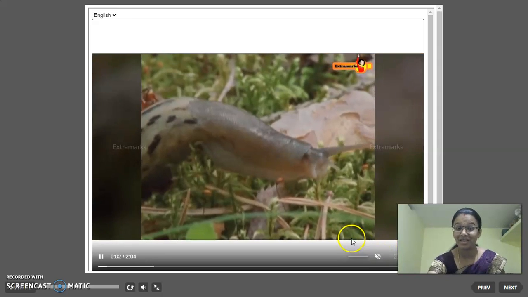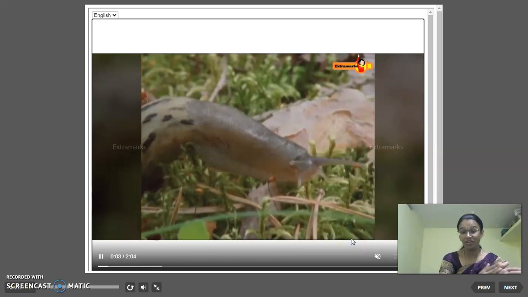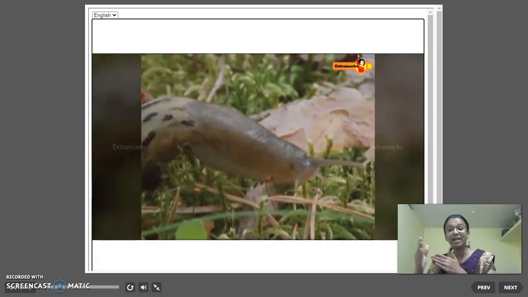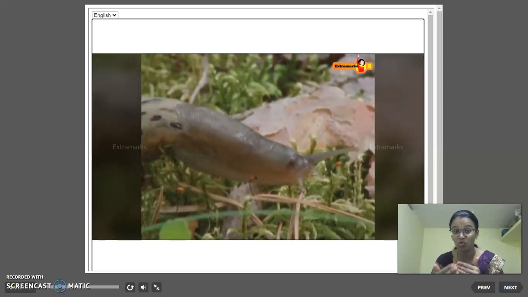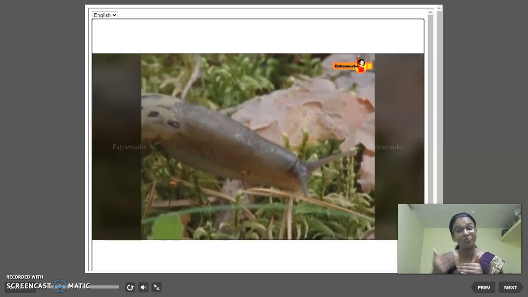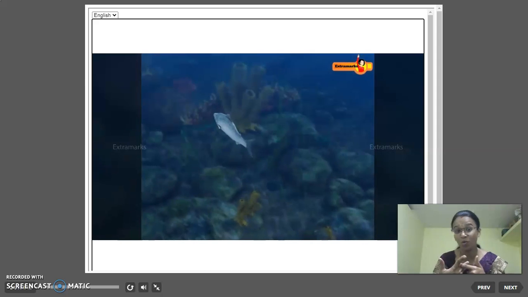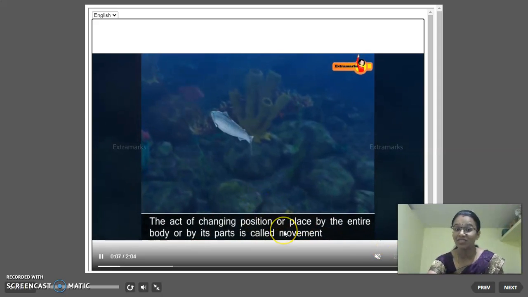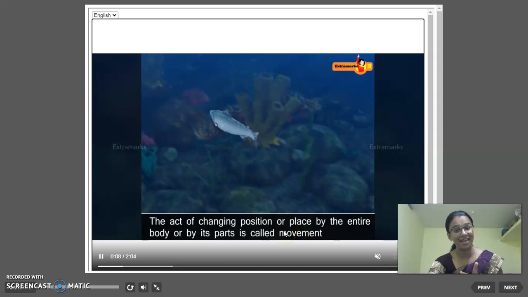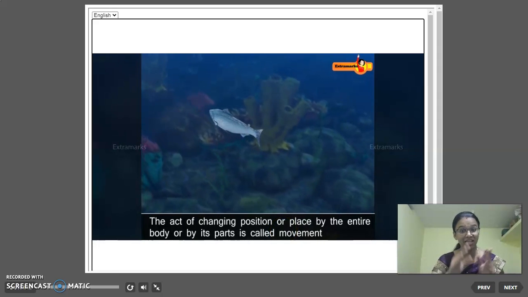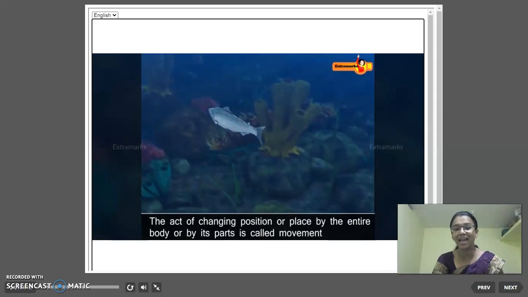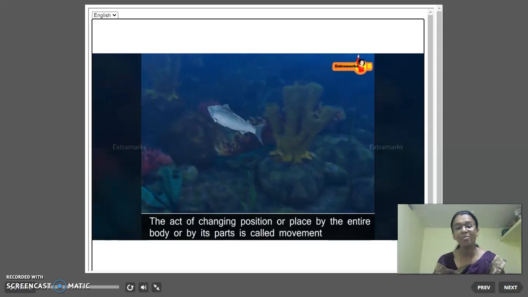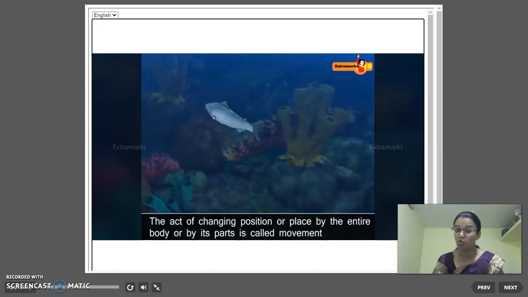Movement is when the organism itself completely moves from one place to another place. That is called locomotion. Here, look at this. The act of changing position or place by the entire body or by its parts is called movement.